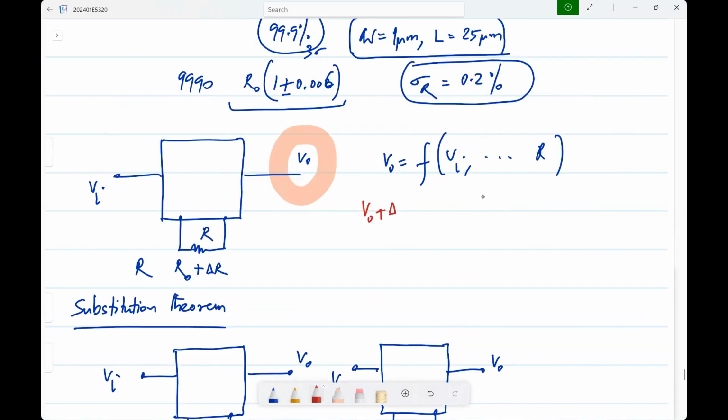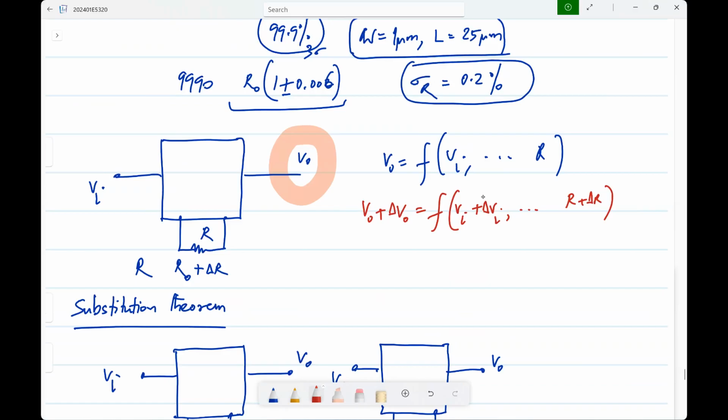V naught plus delta V naught is F of the input, which I could have changed, and that, and so on. So what this does is, it's like taking the Taylor expansion of this and retaining the first order terms of all the variations.